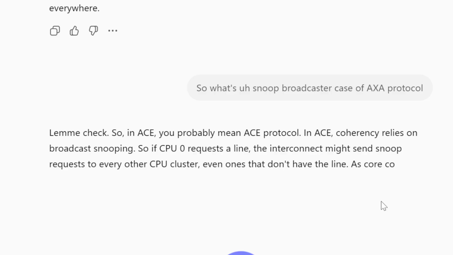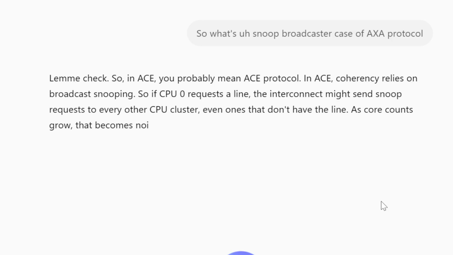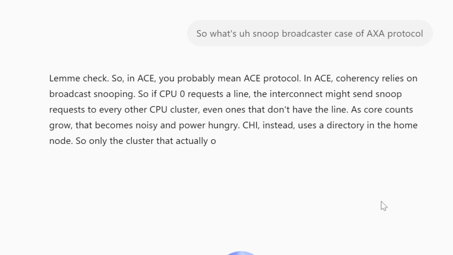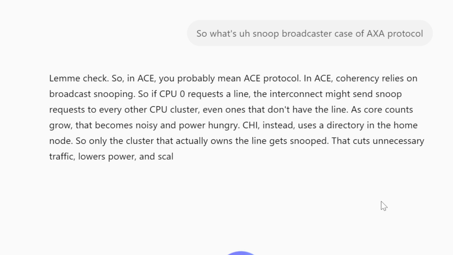As core counts grow, that becomes noisy and power hungry. CHI instead uses a directory in the home node, so only the cluster that actually owns the line gets snooped. That cuts unnecessary traffic, lowers power, and scales a lot better for modern multi-cluster SoCs.